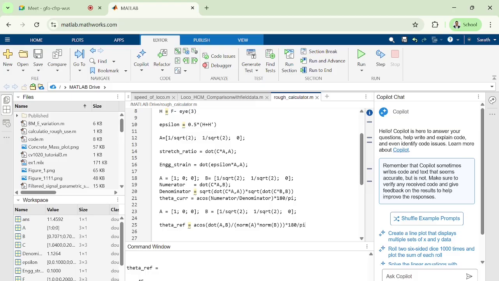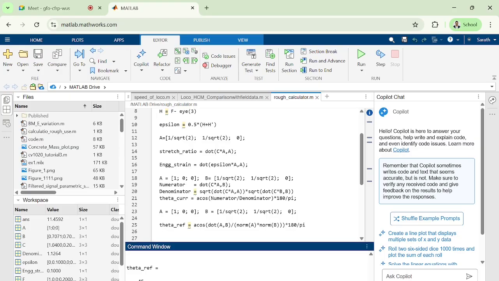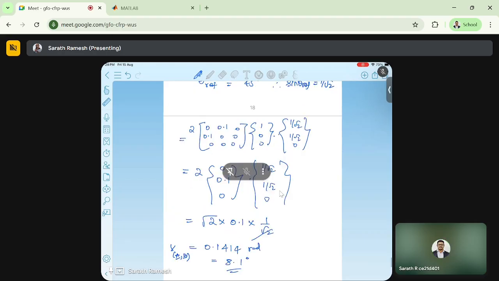So 0.1414 into 180 by pi is 8.1 degrees. Okay, that's it.